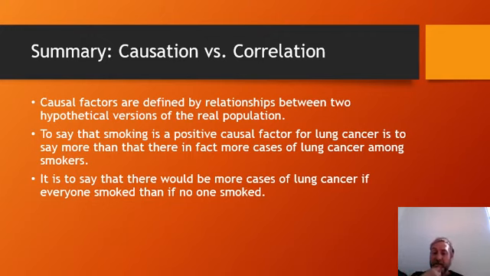It's as close as you can get to instantiating these hypothetical other worlds that we're talking about for the causal variable. And then the other versions try to approximate it in less direct ways.